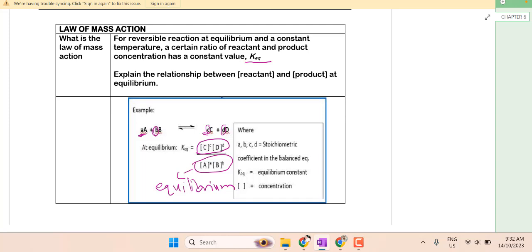So we call it the equilibrium constant. We take the concentration of product divided by the concentration of reactant. Everything must be the concentration at equilibrium.